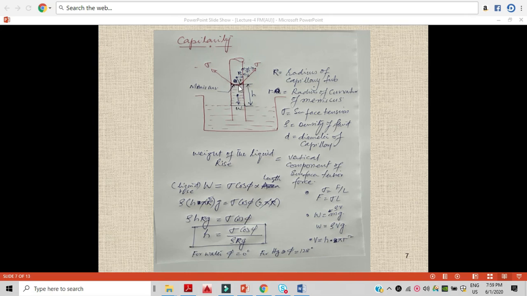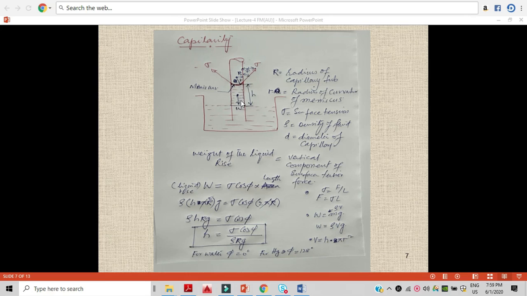We are neglecting the thickness of the tube, and small r is the radius of the meniscus, because the meniscus is in a curved shape, and the angle between the solid surface and the tangent is phi. The only force balancing the weight of the lifted fluid is the surface tension force. So let's see how they are balanced.